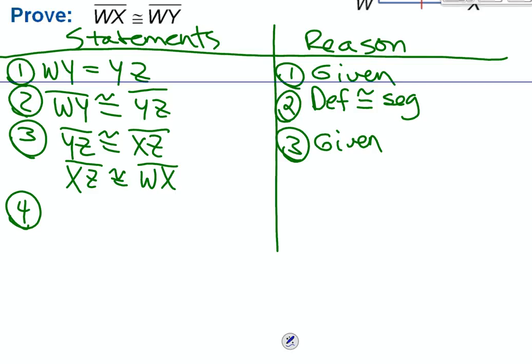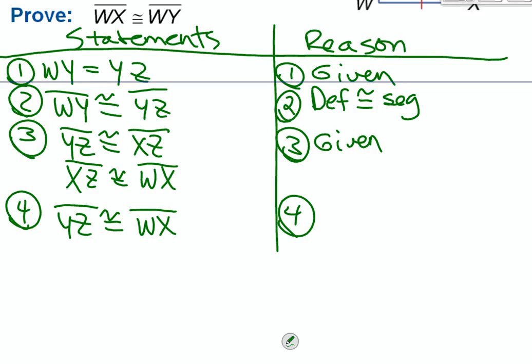And I'm just going to say it one more time, and then you're going to tell me. So the first segment is congruent to the second segment. The second segment is congruent to the third segment. So what am I going to be able to write in 4? Segment YZ is congruent to segment WX. And look back on that handout for this section and point to which thing you think is the reason on that one.